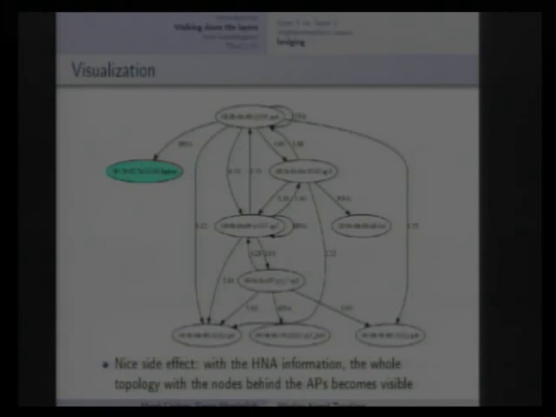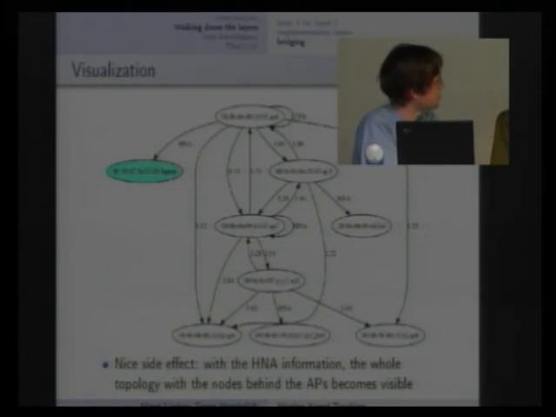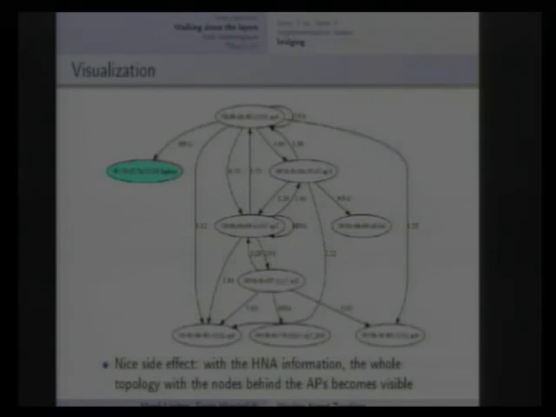This means I'm associated with access point number 4. So I was going through the hall where I set this up, and I could see, oh, I'm behind access point number 1, 2, 3 now, and those are connected. This is a nice side effect, and you can see all the clients behind all the access points.